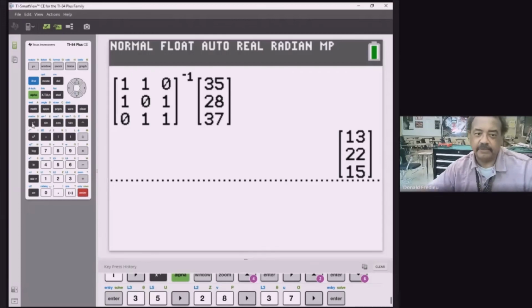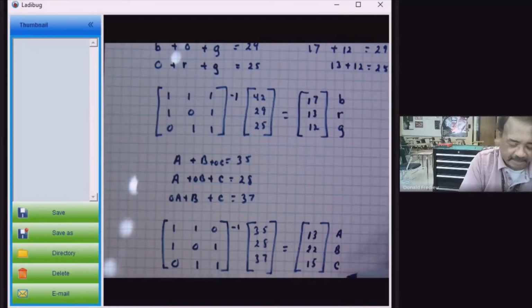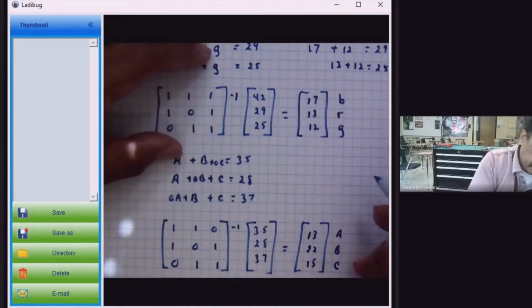Let me go back to Ladybug for a moment. So we went A, B, C, so we have to come down A, B, C. Now we just have to check those.